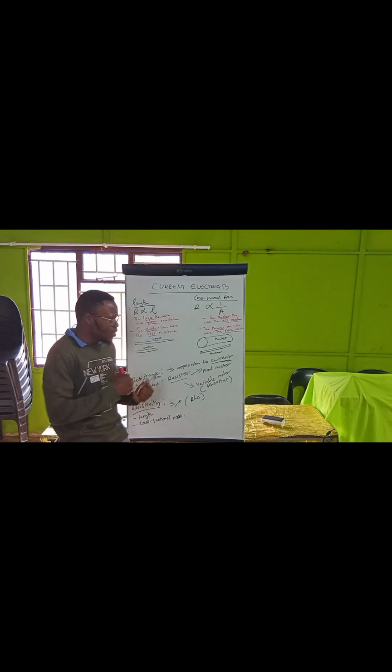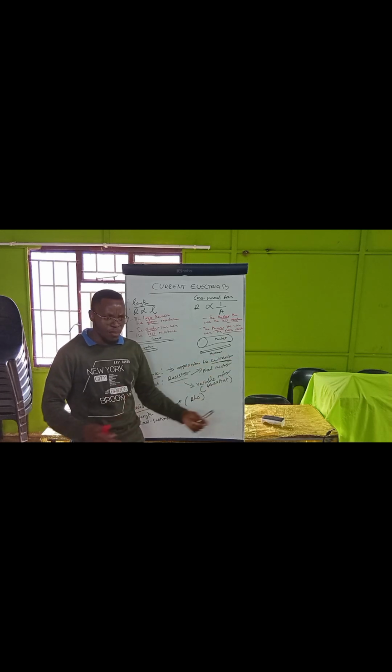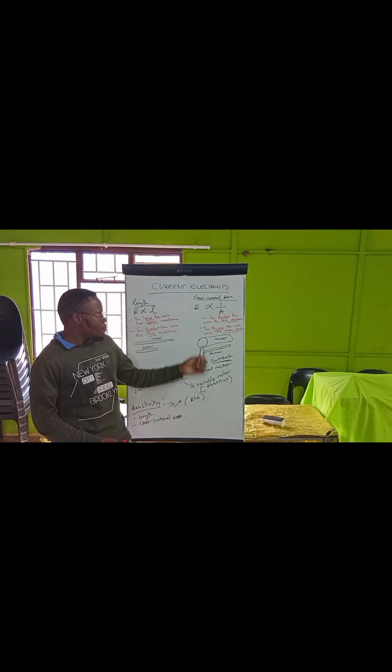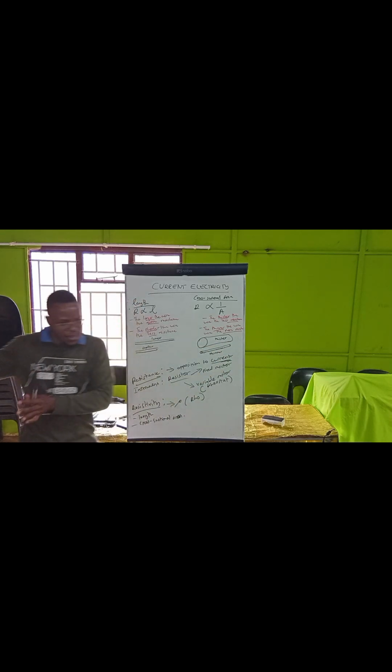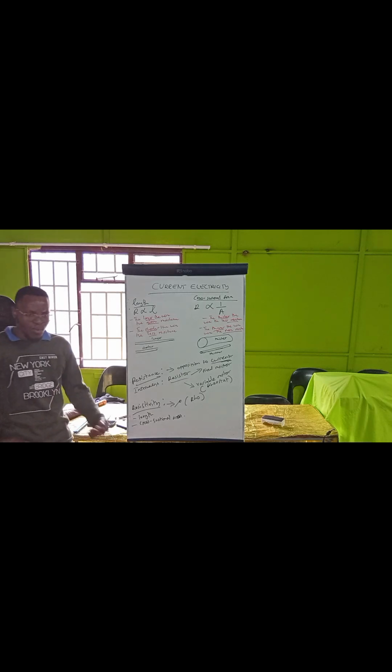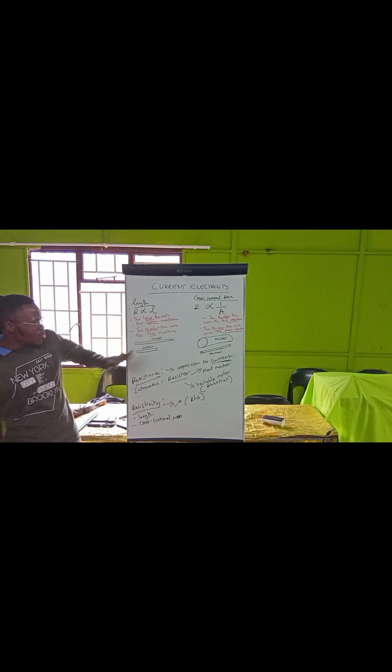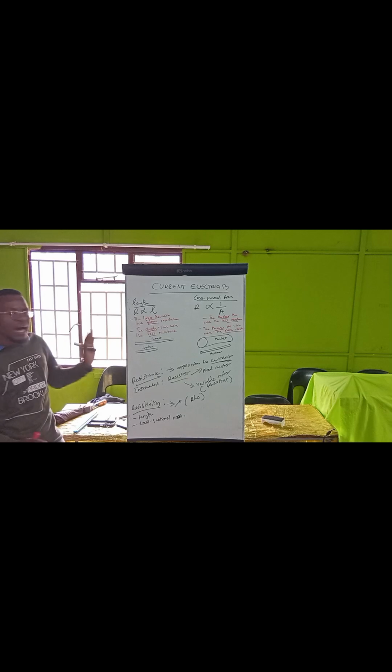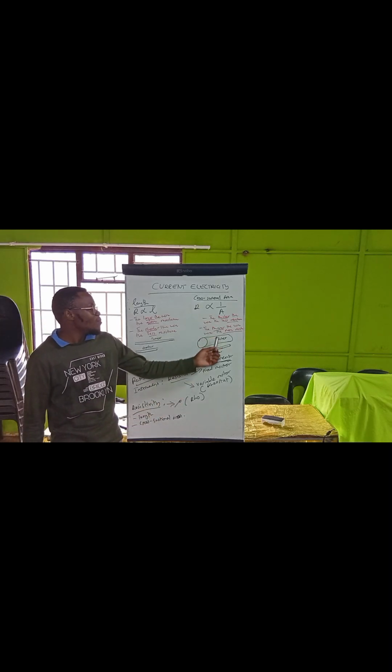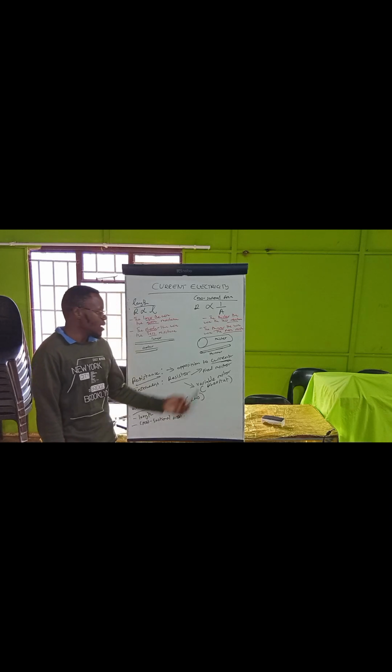Because it's not easy to move, we are causing a lot of collisions and resistance. So that's why the thinner the wire, there will be more resistance. But in the second case, where there are only a few people, you can do any dance move anyhow, and there is a lot of room. So in that case, there will be less resistance.